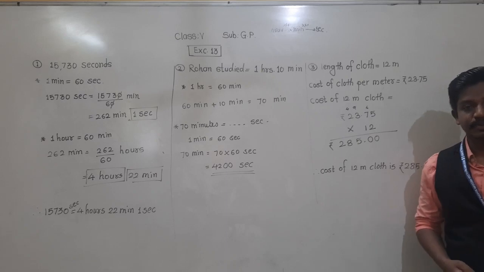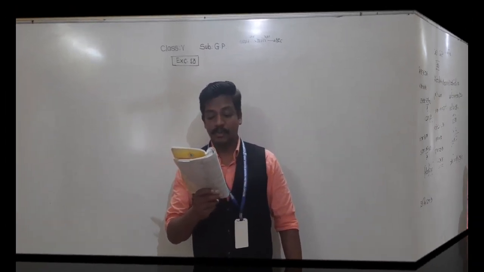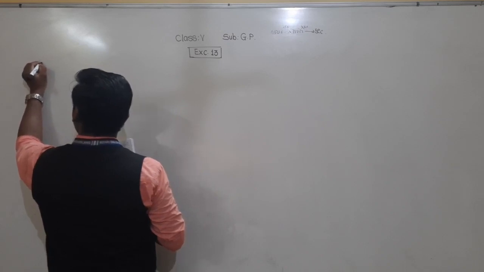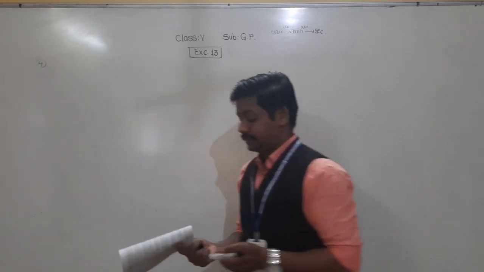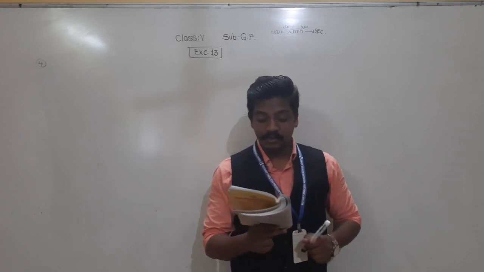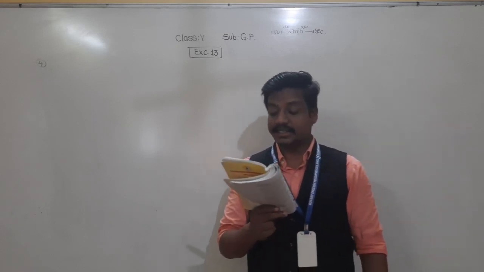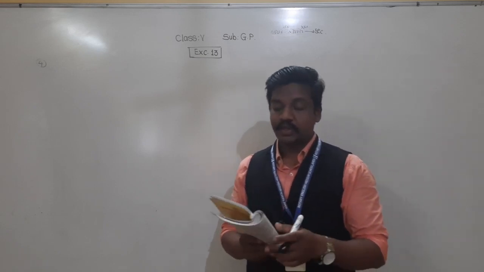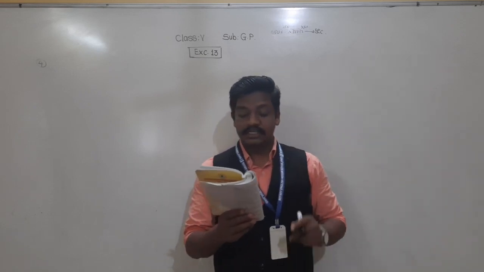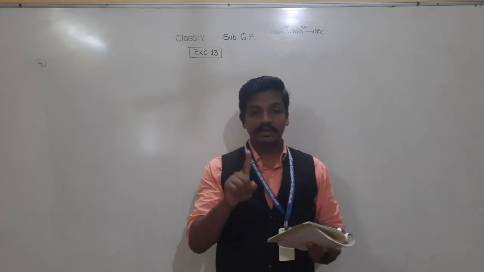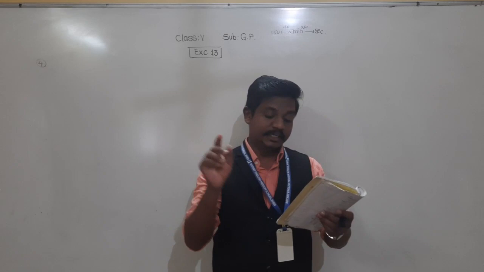So write these 3 word problems in your notebook. After that we will see few more problems. See now problem number 4. Suhas started from his town at 6:30 a.m., means 6:30 in the morning. A.m. is given, that's right. Okay. At a speed of 60 km per hour. Means in 1 hour he has completed 60 km distance.